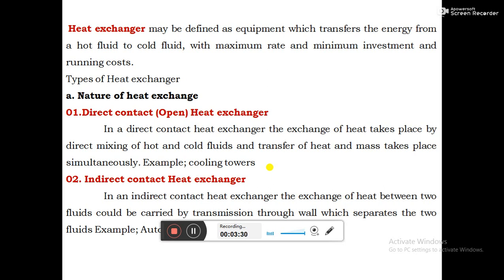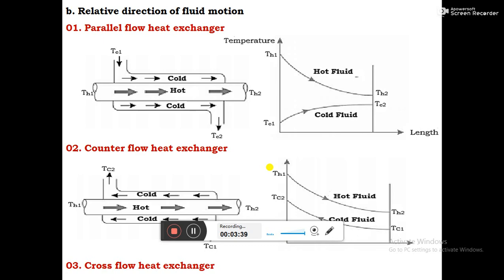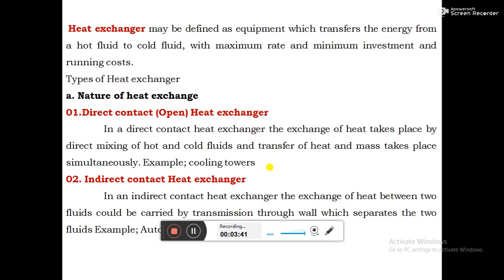The water coming out of the condenser is supplied to the cooling tower, and it is sprayed in the form of small droplets using nozzles. These small droplets come in contact with the atmospheric air, and a small portion of the water releases heat to the atmospheric air.